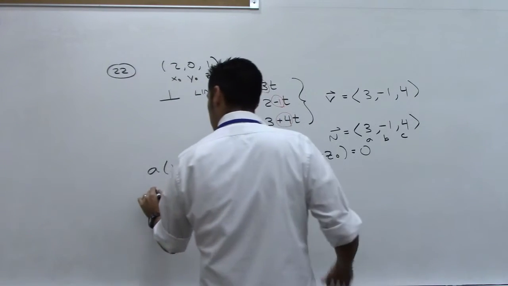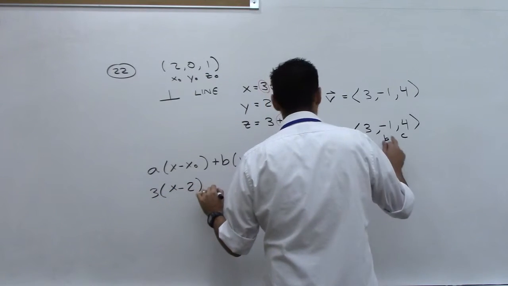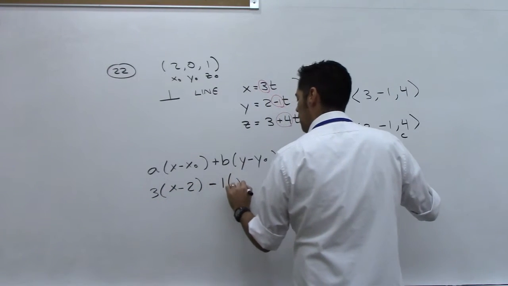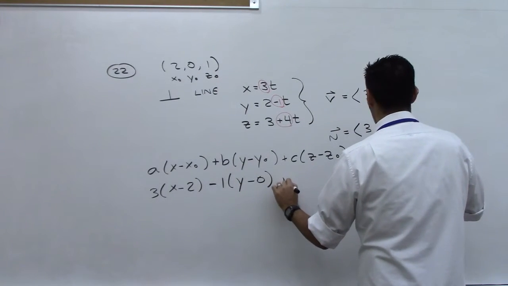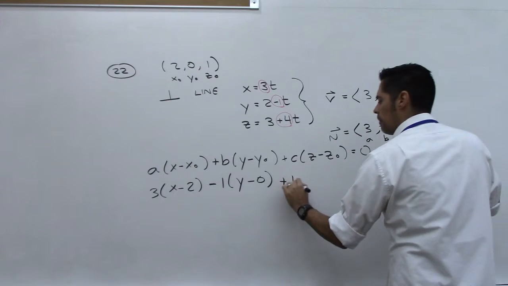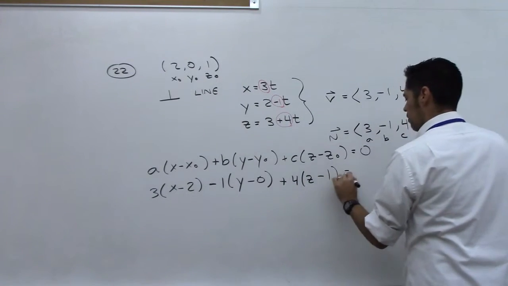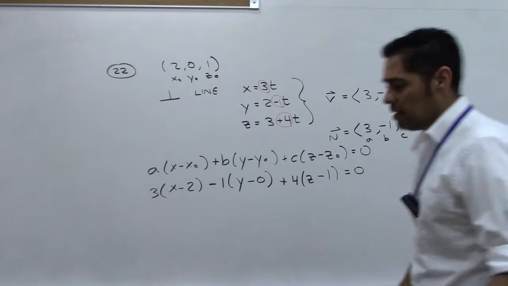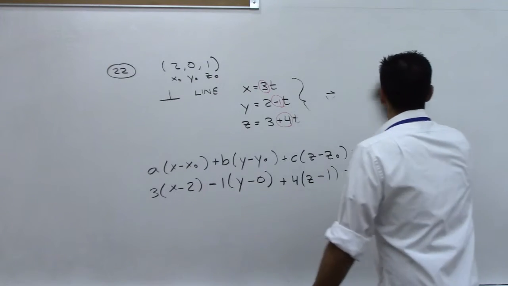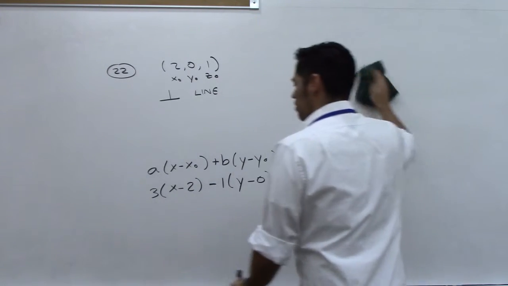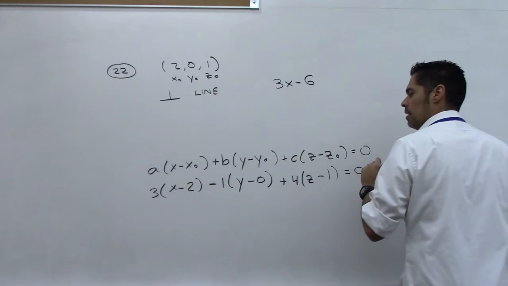So I'm going to get 3, and then x minus 2, minus 1, and then y minus 0, and then plus c, which is 4, and then z minus 1, right, equals 0. And then I'll just clean it up. So distributing through here, we get 3x minus 6.